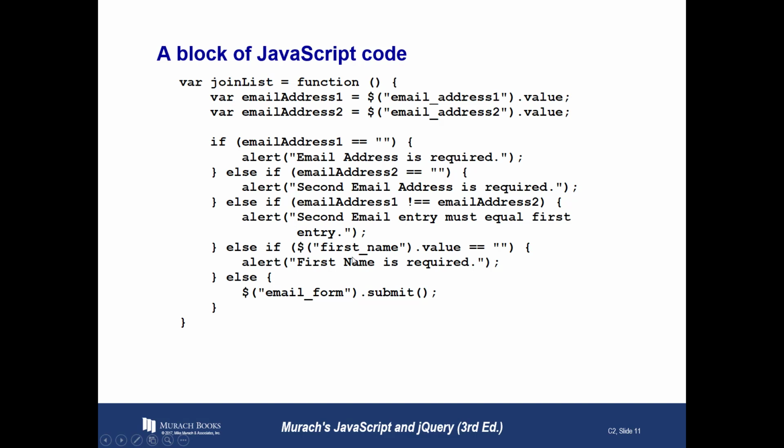Then finally do the same check on first name, and if that's blank, say first name is required. If all of those tests fail, if the if fails, the else if fails, the else if fails, and the else if fails, that means you put a value in for email address 1, you entered the same value in for email address 2, and you entered something into the name field. So if all that is true, submit the form.